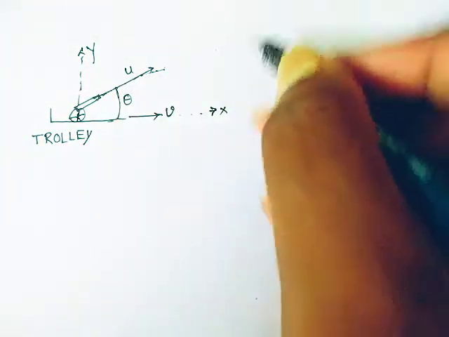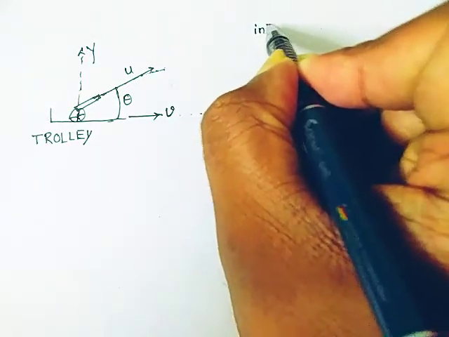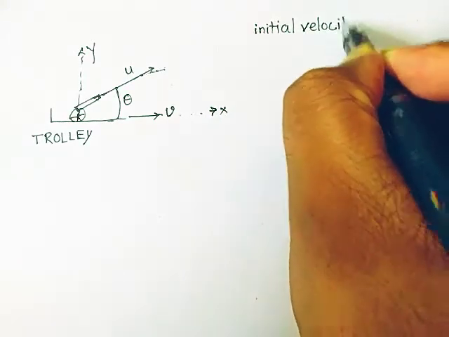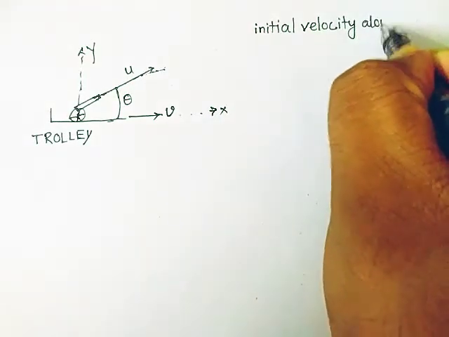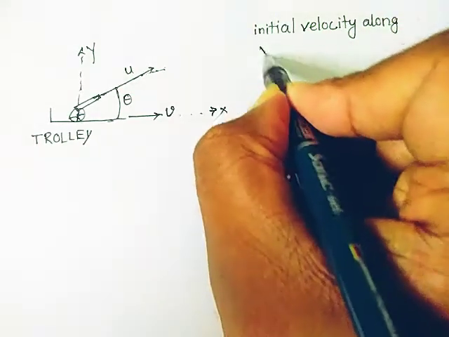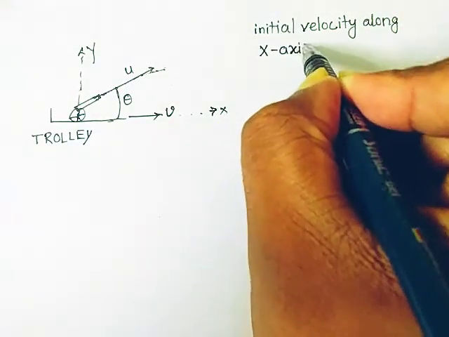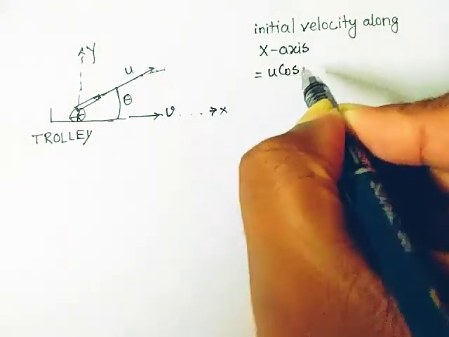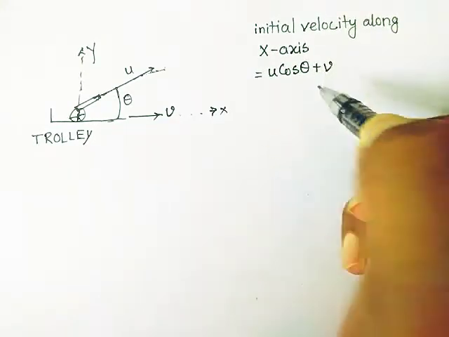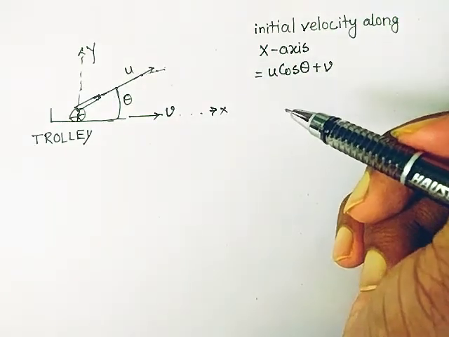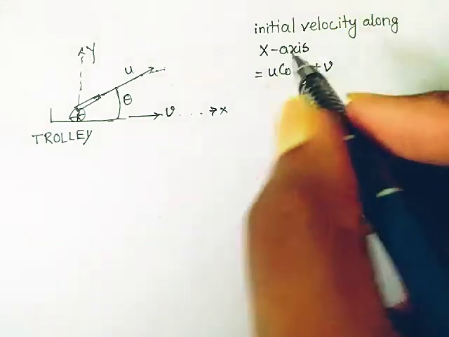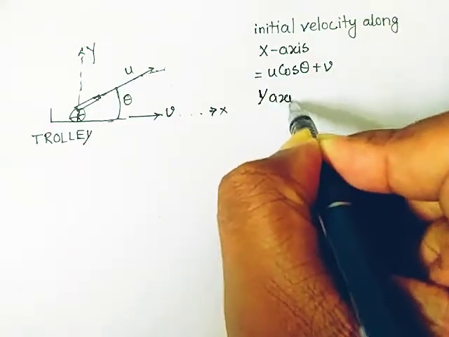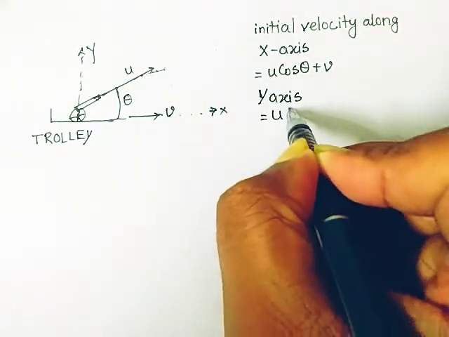The initial velocity along the x-axis is equal to u cos theta plus v, and along the y-axis it is u sin theta.